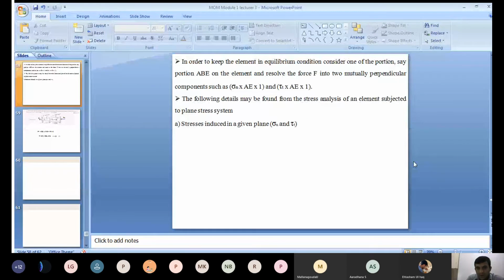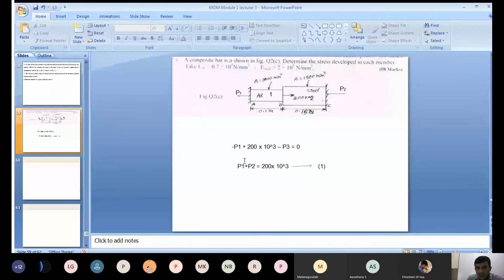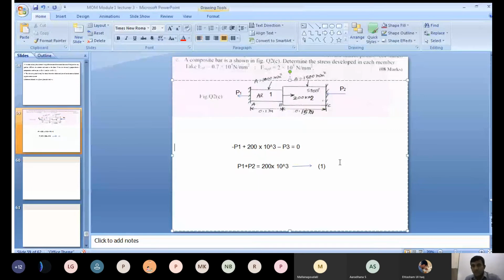The problem: P1 plus P2 is equal to 200 into 10 to the power 3. There is the first one over.